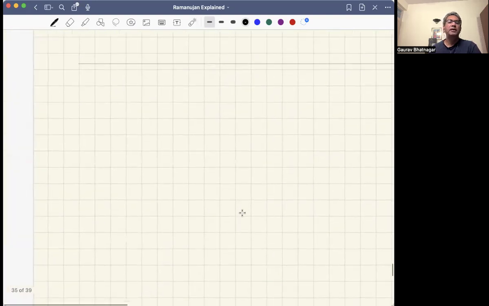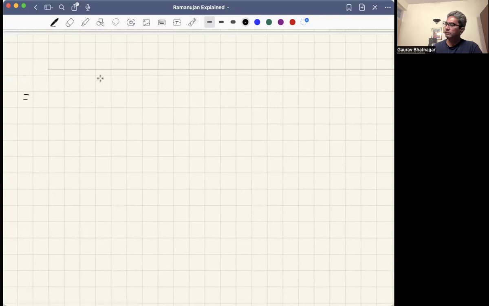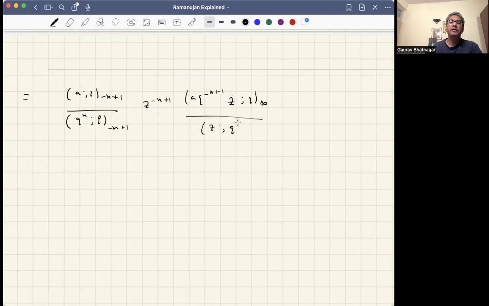So let me bring it here. This is equal to (a;q)_{-n+1} over (q;q)_n, z raised to the power -n+1, (a z q;q)_infinity over (z;q)_infinity.